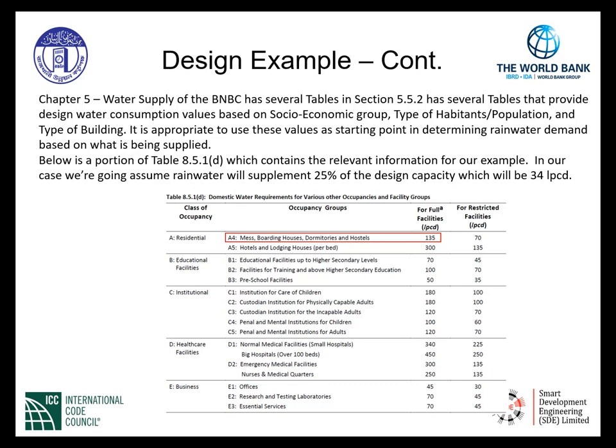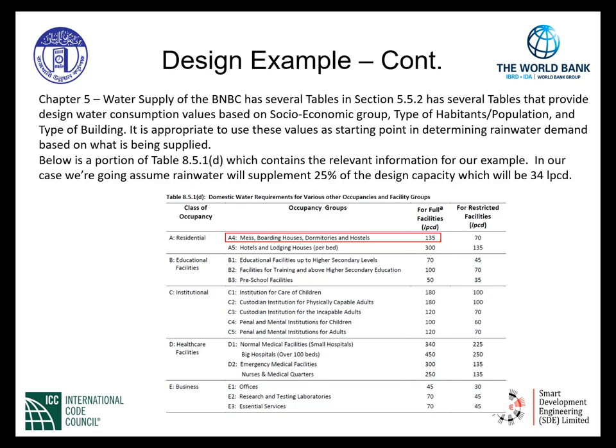In our case, we're going to assume rainwater will supplement 25% of the design capacity, which will be 34 liters per capita per day. As we look at this particular table, the class of occupancy that we have chosen is A, residential.